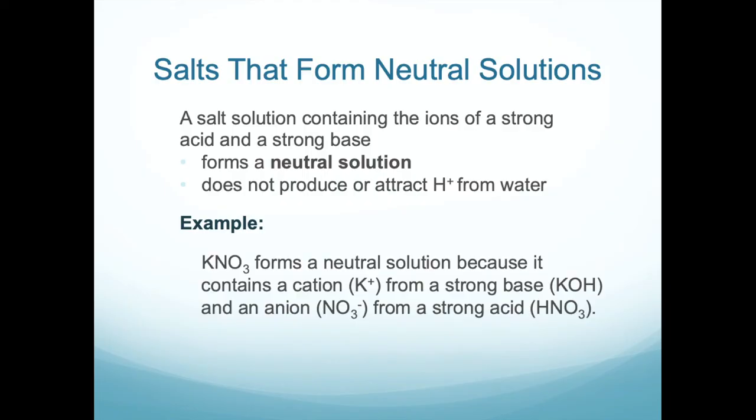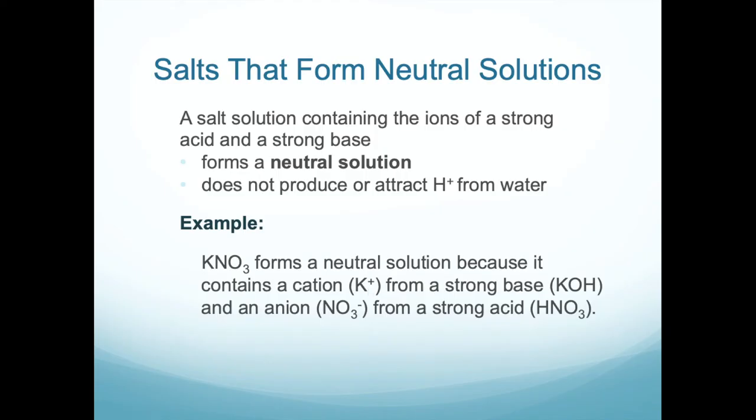Let me give you an example here. Let's say we have potassium nitrate. Potassium has a cation K+, which comes from the strong base potassium hydroxide, and nitrate, its anion, comes from the strong acid nitric acid, HNO3. Now think about those reactions. How does potassium hydroxide act as a base? Well, it's a strong base, which means it's a strong electrolyte, meaning it completely splits up into K+ and OH-.